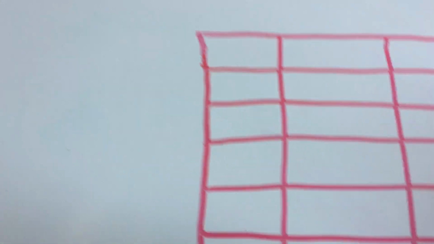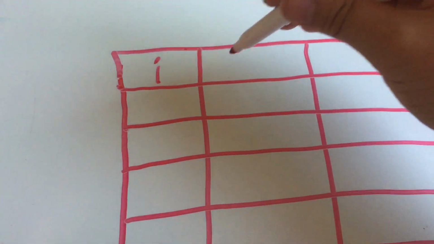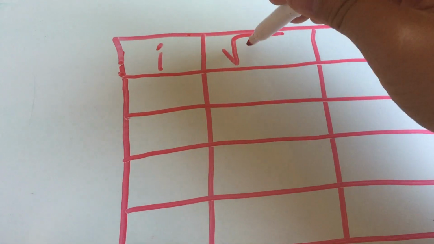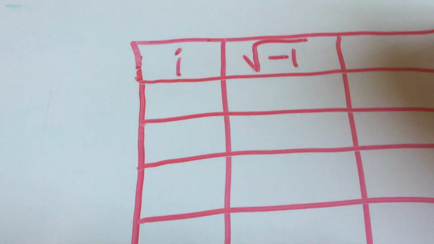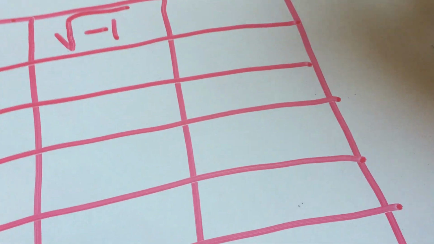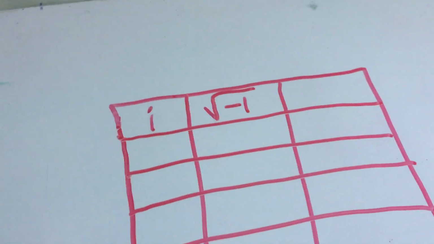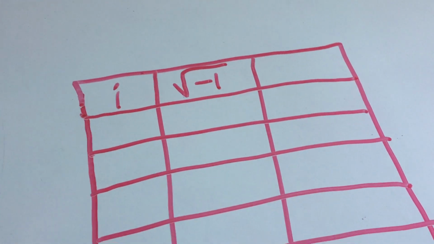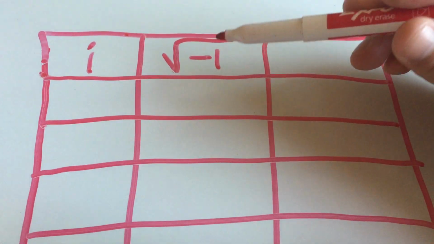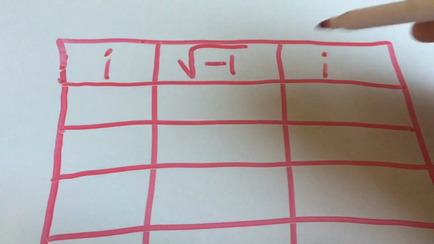Alright, so we know that i is the square root of negative 1. When there's a remainder of 1, i is the square root of negative 1, so that would be i. That's the answer.